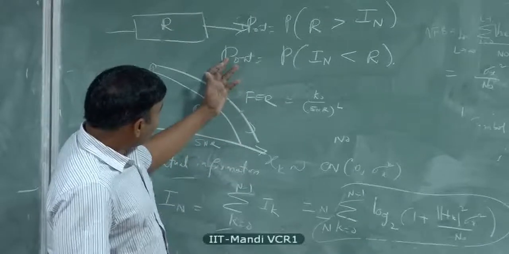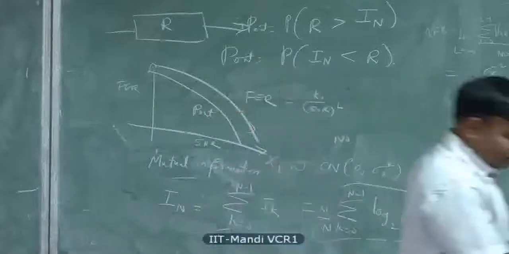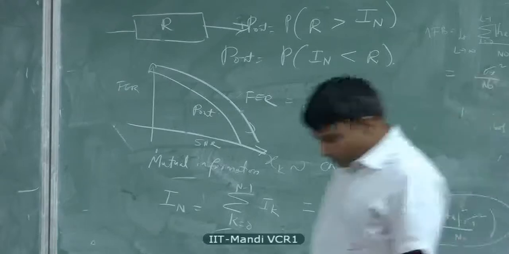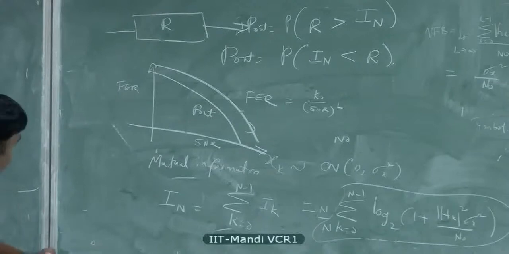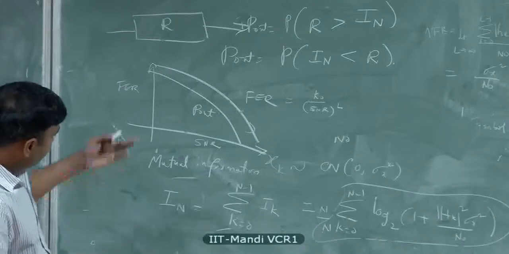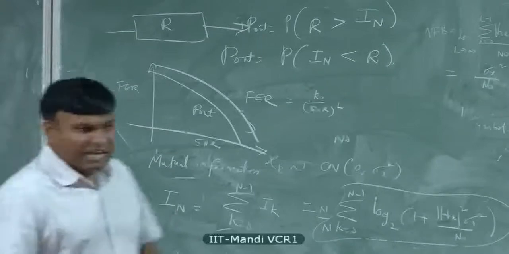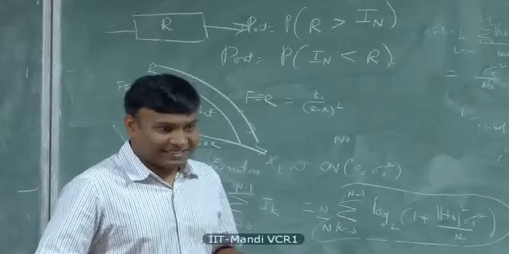And the outage probability acts as a lower bound on the frame error rate. Okay? And the slope of the outage probability curve is also called diversity order. Okay? This is sort of ambiguous because it comes from information theory, and we didn't show how to arrive at this result. But I think what we will do now is we jump to a very practical encoder and decoder.